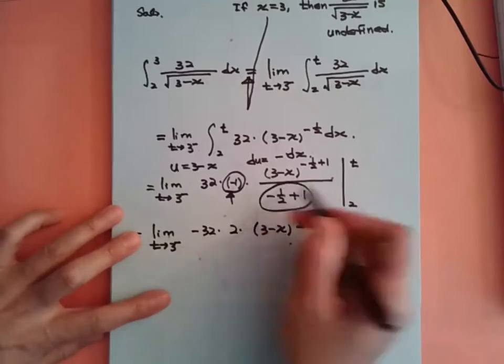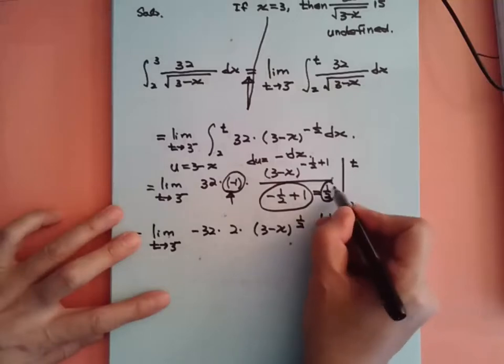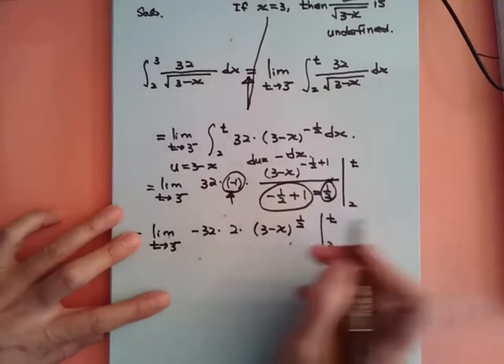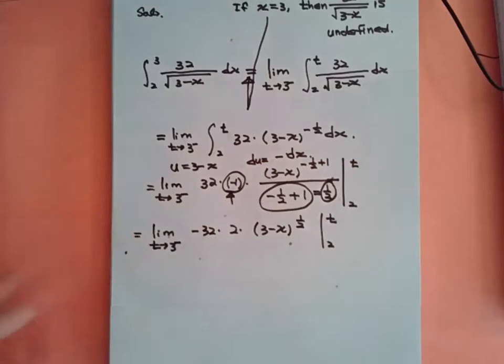When we add them, we will get 1 over 2. 1 over 2 is in the denominator. When that is multiplied, we have to use the reciprocal and multiply in front of the numerator. Any question? You can ask me a question if something is ambiguous.